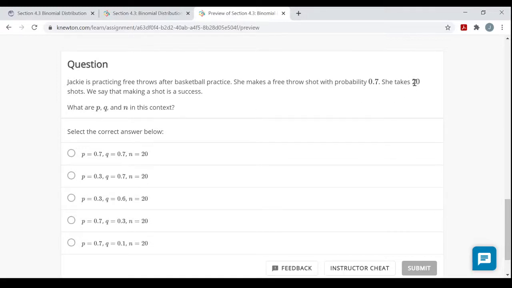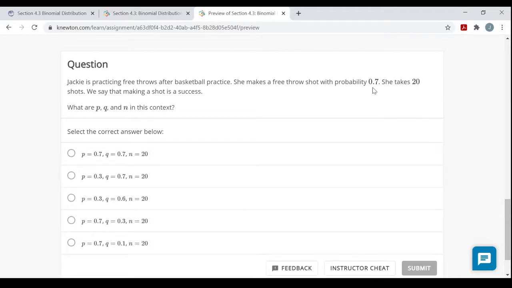So the 20 here, the 20 shots, the 20 free throws, is the number of trials. That would be n. And you notice how in every single one of the choices they have n equals 20. So you're not getting that part wrong. And if we're considering a success, making a shot, then they tell us here the probability that she makes a free throw each time is 70%.